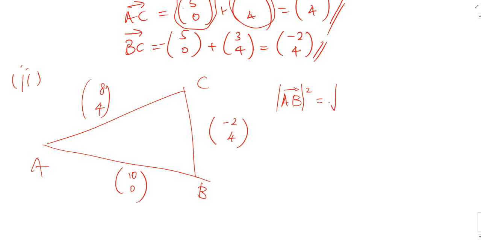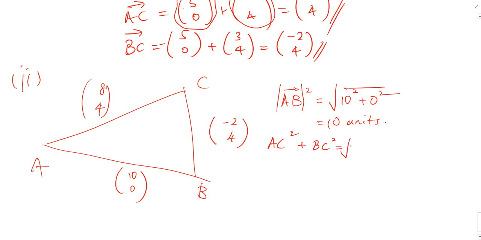So this is the approach, AB squared. Okay, you can choose to write it this way, or you can choose to write it this way, magnitude of AB squared. They're the same thing. We find out what this value is. So this will be 10 squared plus 0 squared to give us 10. Obviously 10, right? Because it is simply 10 units horizontally, according to our diagram. So this will be 10 units. So next we have AC squared plus BC squared.